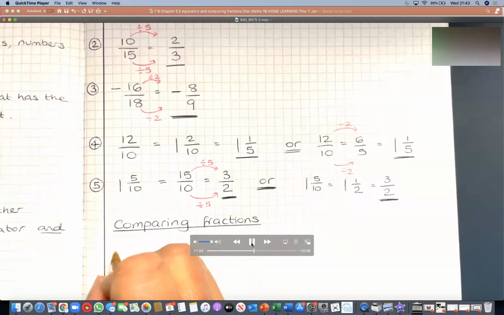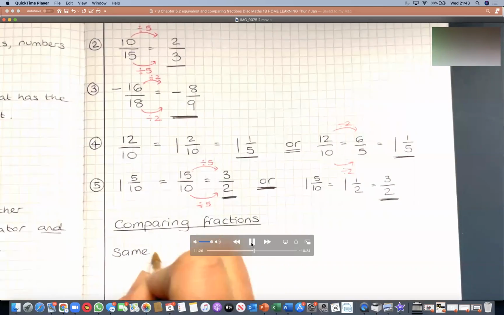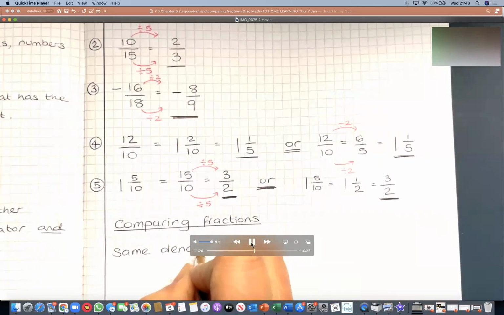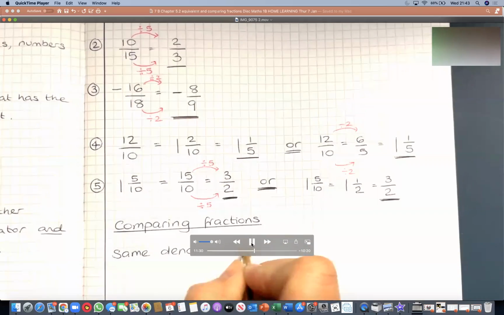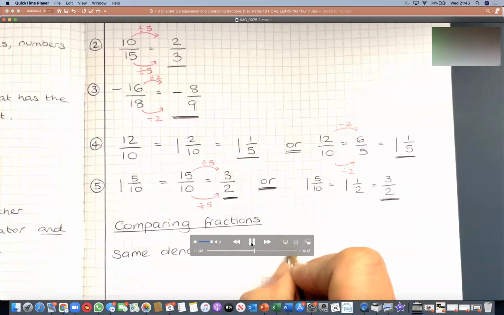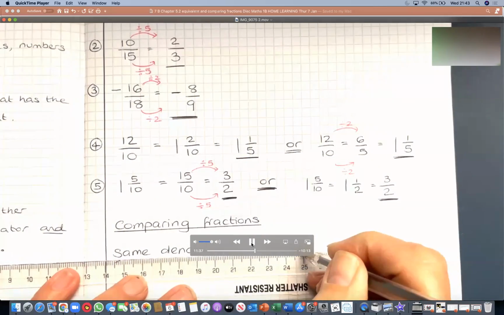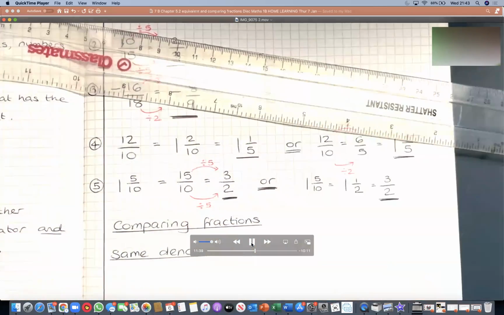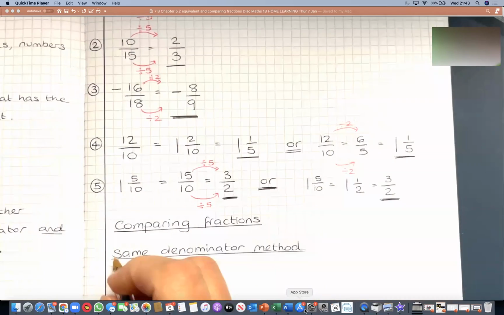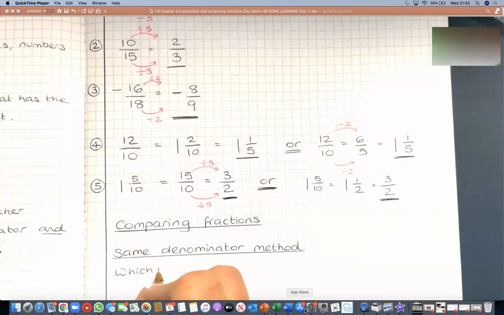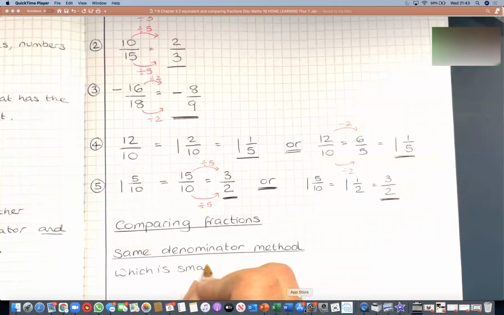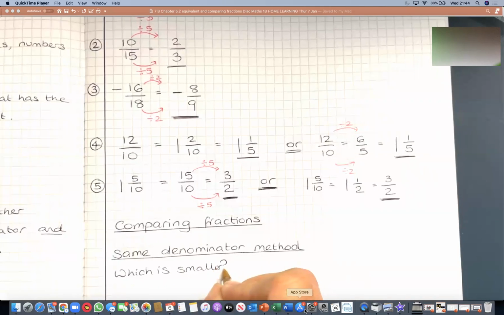So we're going to call this the same denominator method. We're going to work out in this particular case which is smaller.